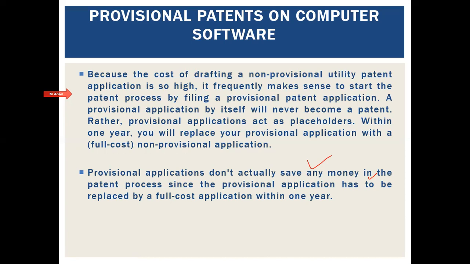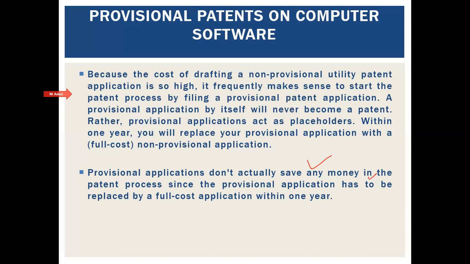A provisional application can be an extremely useful way to delay the high cost of drafting a non-provisional application. During the 1 year period, the inventor can produce and market their invention and develop a much better understanding of whether the invention will be profitable before the full cost of a patent application is incurred.